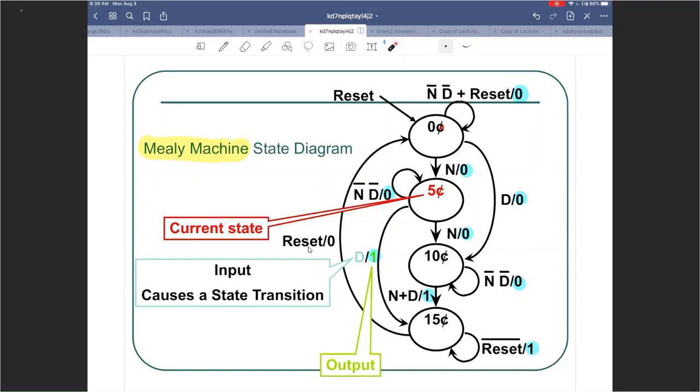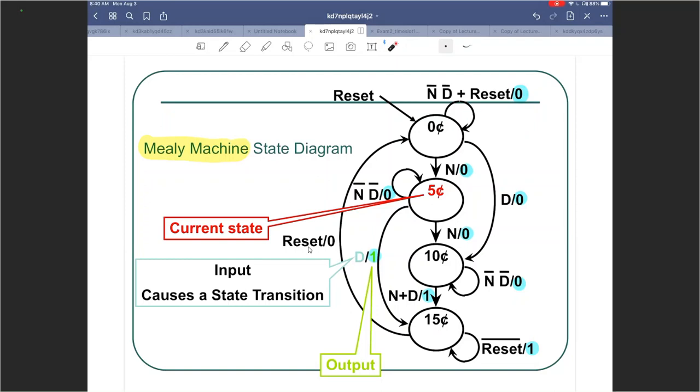If you enter a dime while you're here, your output is still 0, but you transition to 10 cents. Now when you are at 10 cents and you enter a nickel or a dime, you go to 15 cents and at that time your output becomes a 1. So as you can see here, as soon as the user entered the nickel or the dime, the output became a 1. It did not wait for the transition to complete and go to 15 cents.